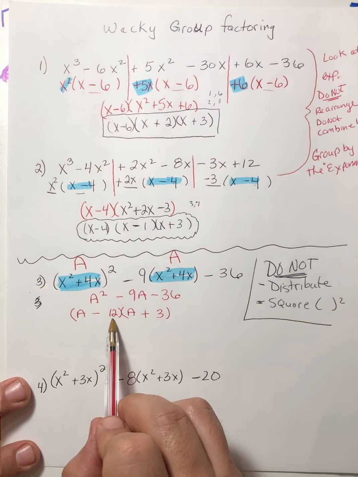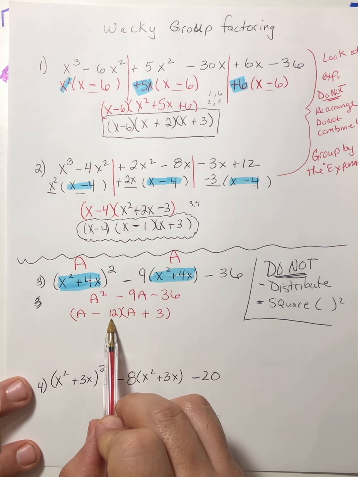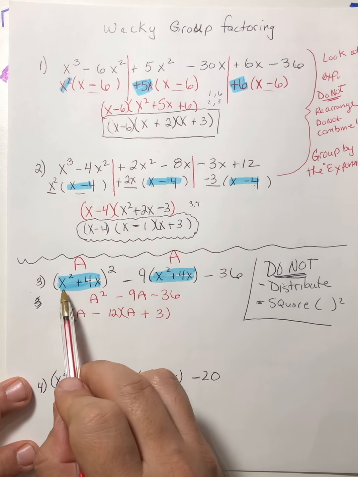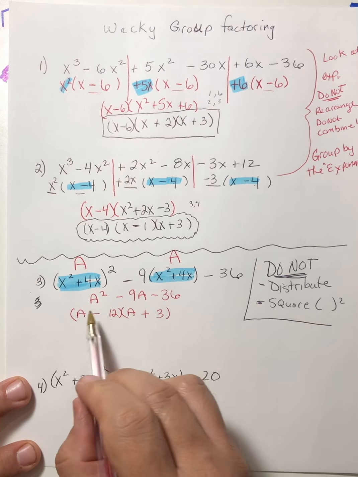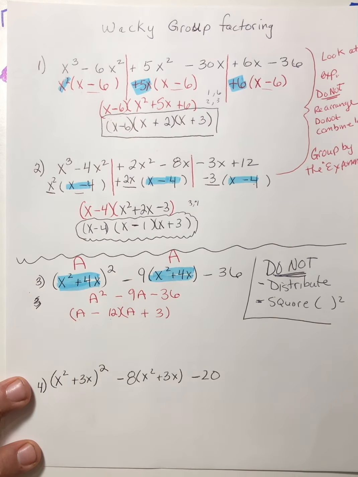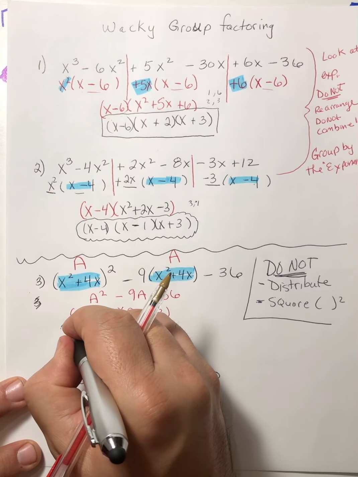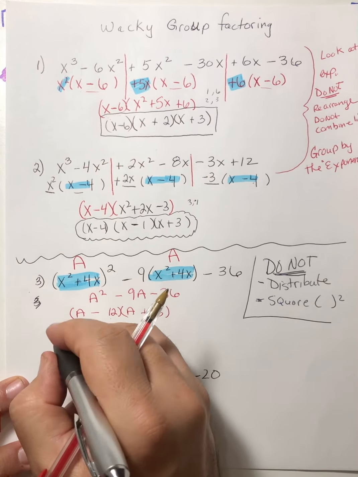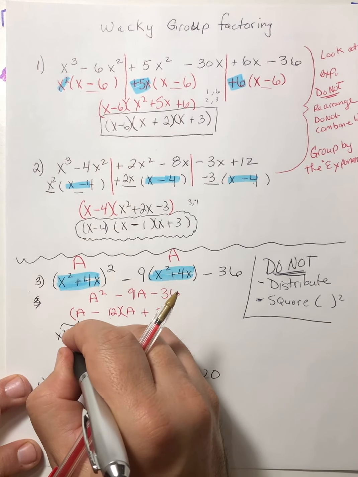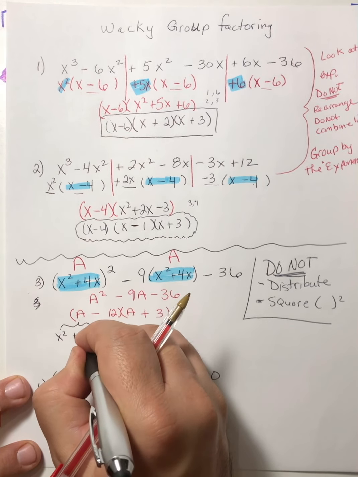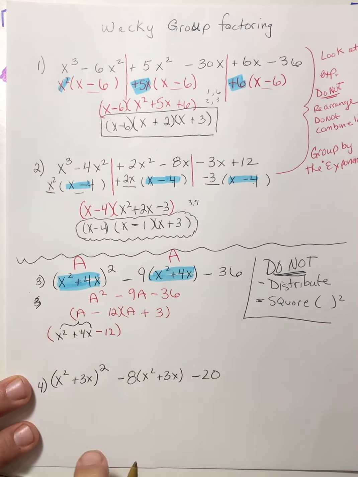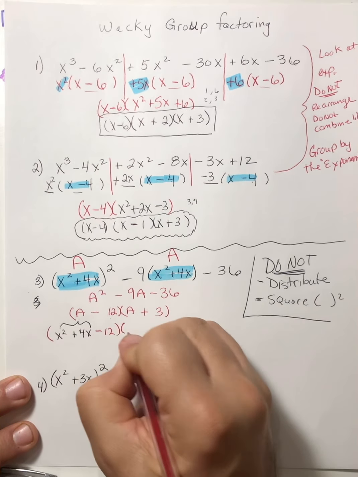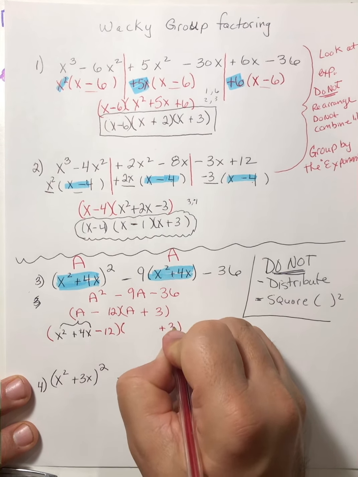So now we're going to replace the A with this junk again, with that x squared plus 4x. So now look at what happens when I take this A and I replace it. Now I have x squared plus 4x, and then we have minus 12. I'm going to put that back here. There's my plus 3.